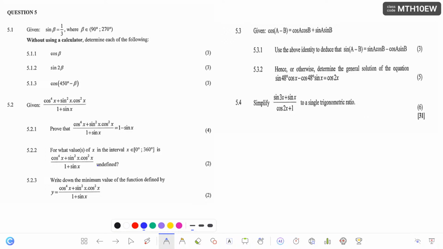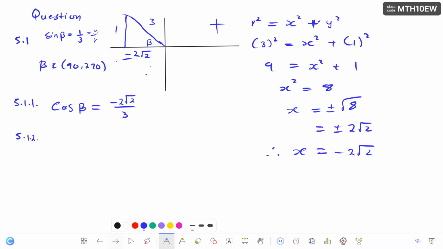So okay, now let's go to 5.2, sine 2 beta. Sine 2 beta, we can represent as 2 sine beta cos beta. So what is sine beta? We're already given it here. Or we can interpret it as opposite over hypotenuse, 1 over 3.